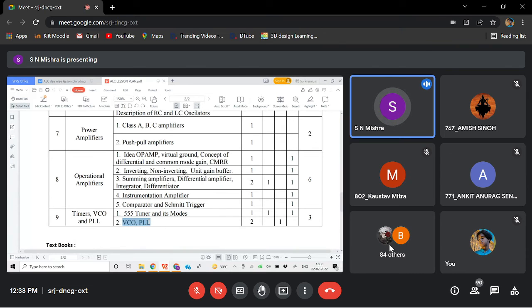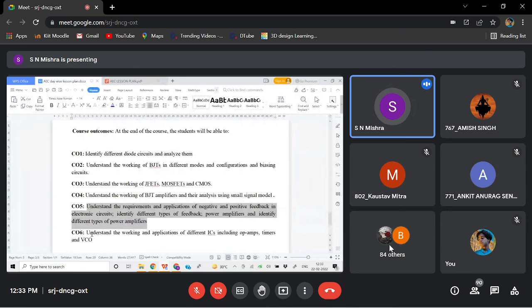And VCO and PLL are generally used in communication circuits. VCO means voltage controlled oscillator, and PLL means phase locked loop. So if you look at this CO, it is understanding the working and application of different ICs. The operational amplifier also comes in the form of an IC. Its name is LM741.